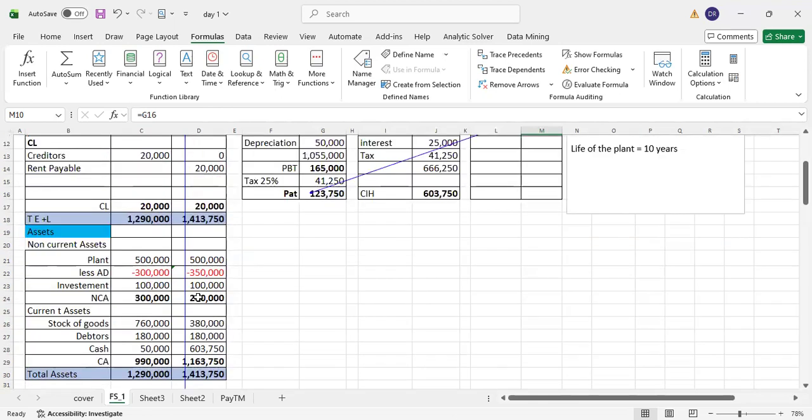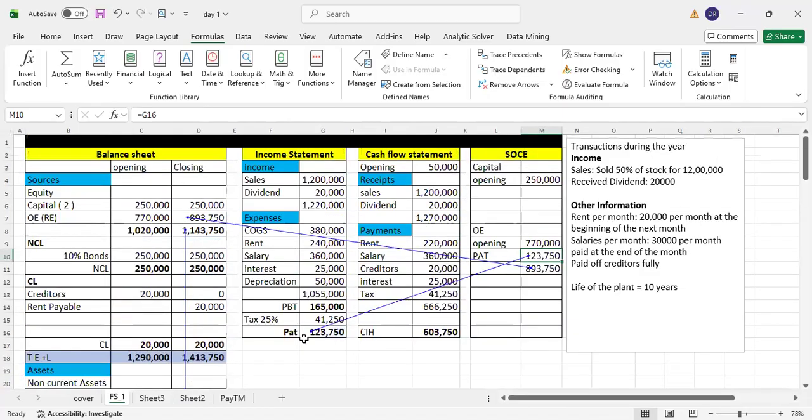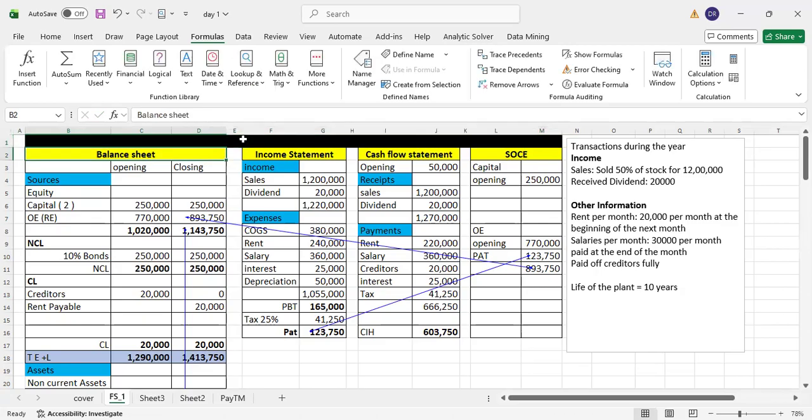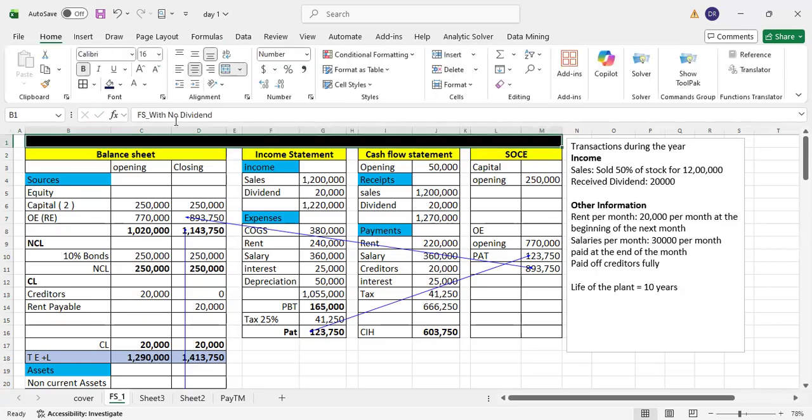But in this case, you observe that we made entire profit to be retained, no dividend. So let us make these financial statements with no dividend assumption. That means the entire profit has been retained in the company.